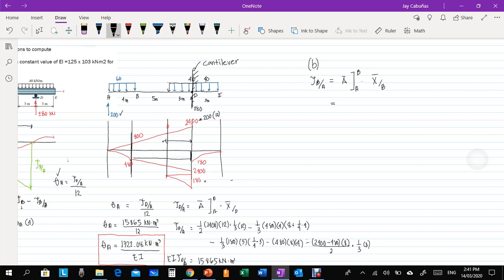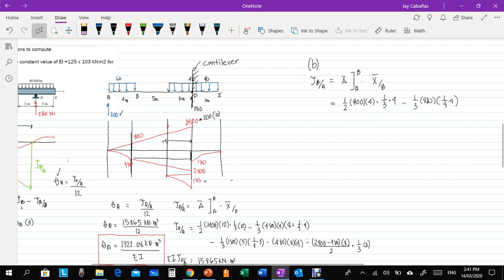Okay? So we have 1/2 times 800 times 4, right? Times the centroid from B, that is just 1/3 of 4. Minus, this is a negative area, 1/3 times 480 times the base 4, times the centroid at 1/4 of 4.